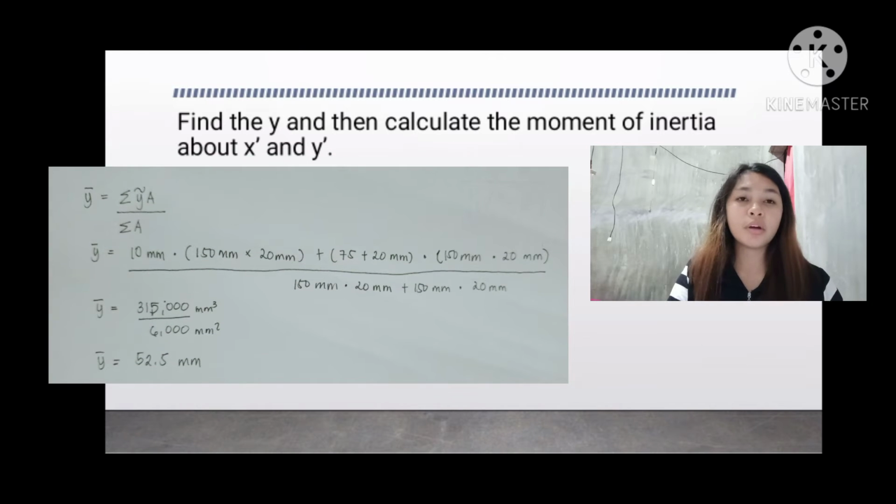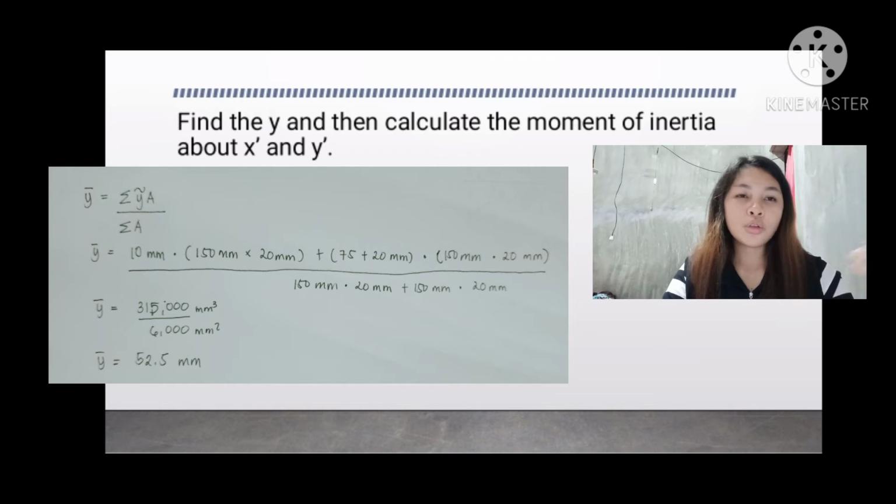Let us now begin finding the y bar of the object. y bar is equal to the summation of y tilde A over the summation of A. We add the products of the two rectangle areas. The first rectangle has its center at 10 millimeters times its distance of 150 millimeters times its height of 20 millimeters.